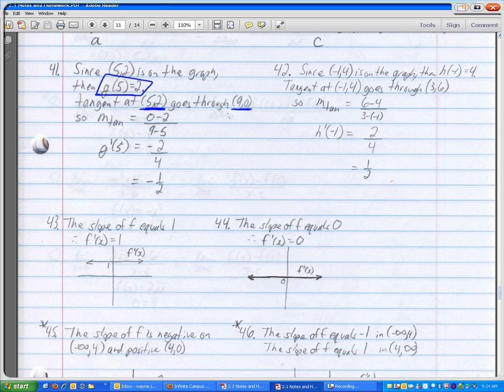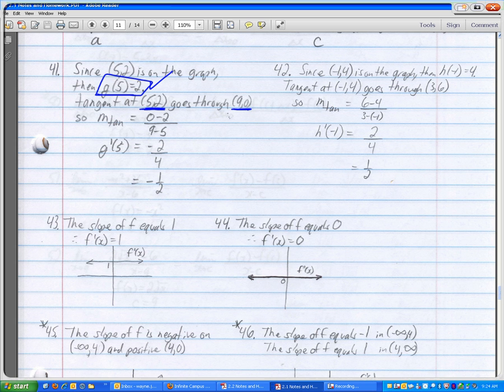Therefore, slope of the tangent line equals y2 minus y1, 0 minus 2, over x2 minus x1, 9 minus 5. So I get negative 2/4, negative 1/2. Is that all I had to do? Yeah, because I found g of 5. It was 2. Then I'm supposed to find g prime of 5.